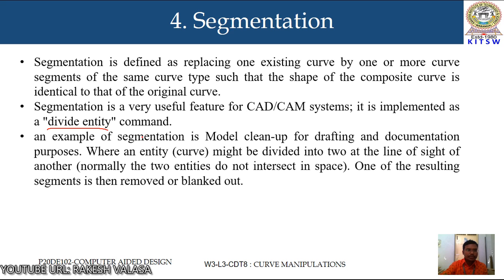The use of the divide entity command in a model cleanup for drafting and documentation purposes is an example where an entity might be divided into two at the line of sight of another curve. One of the resulting segments is then removed or blanked out.